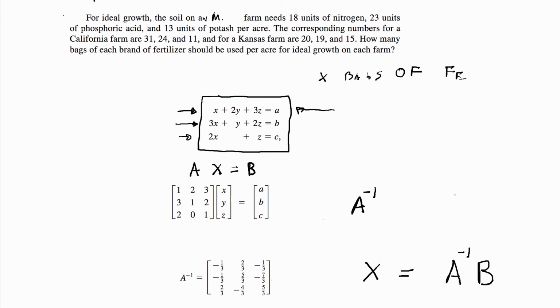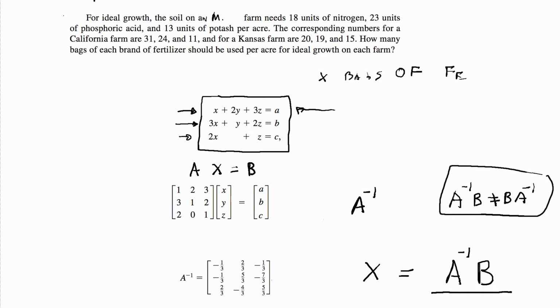There are countless, actually an infinite number of examples, where A inverse times B is not equal to B times A inverse. So it's very critical that your multiplication is this way, with A inverse on the left, because that's how we got the A to cancel when we multiply by the inverse on the left.